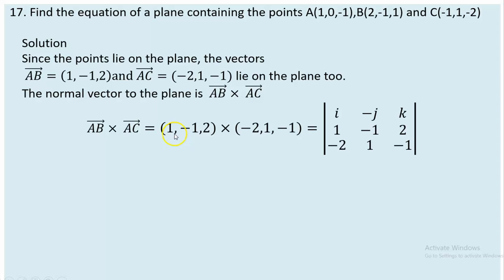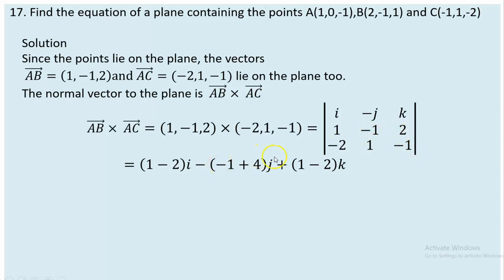So AB components are written 1, minus 1, 2, as you see, and AC components are written minus 2, 1, minus 1. The i component can easily be obtained by deleting the first row and the first column, and this will be 1 minus 2 because this makes 1 and this makes 2.